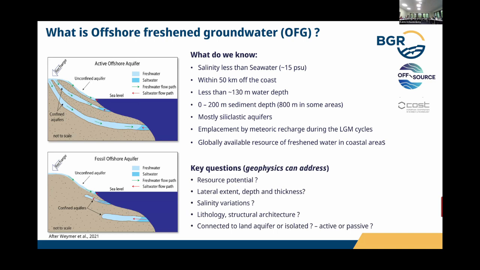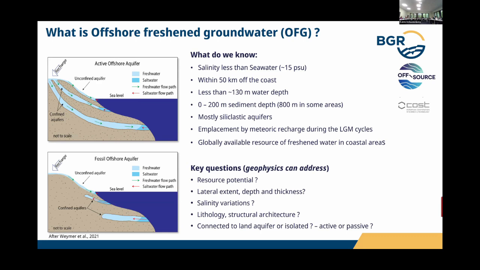Key questions we aim to address with geophysics are the volume, the resource potential, which is largely unknown, of offshore freshened groundwater. To know that, we need the lateral extent, the depth and the thickness of the offshore groundwater layers.